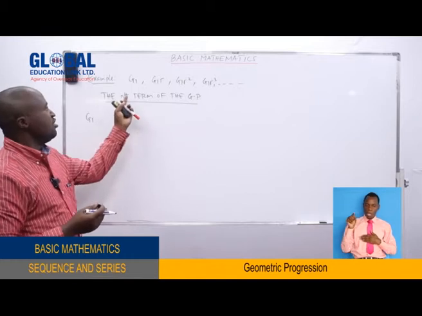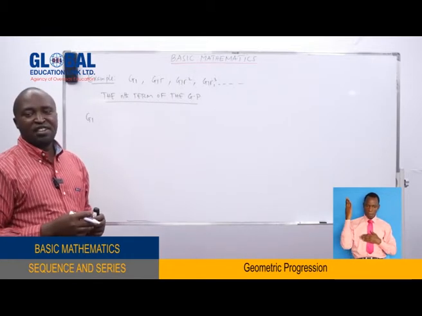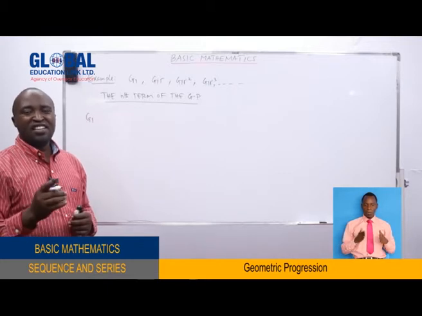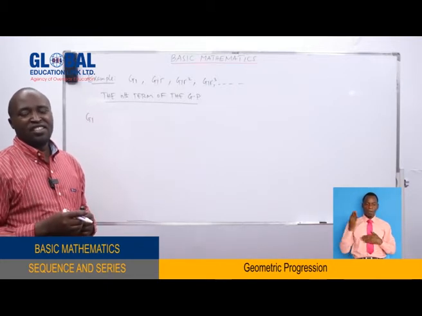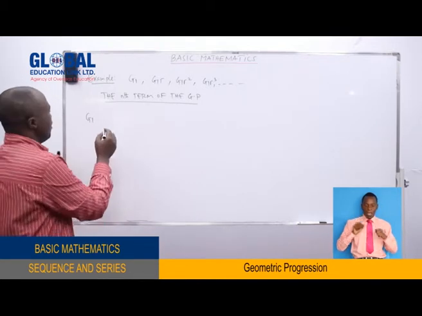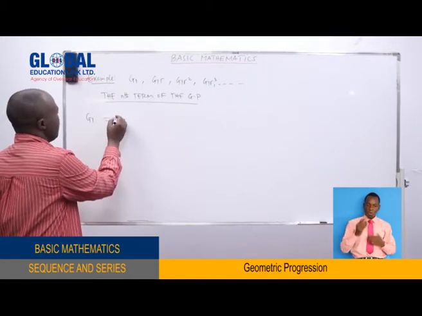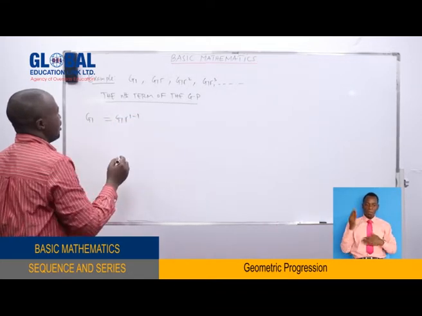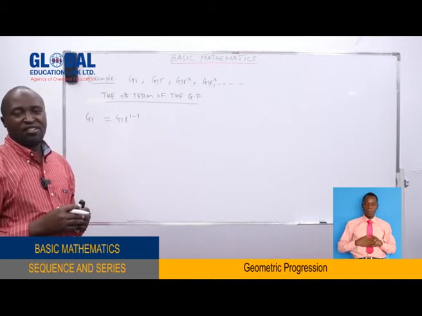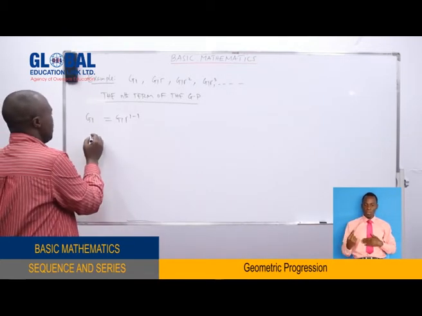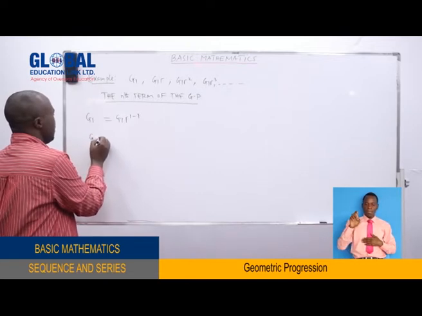Now, in the arrangement of these terms, the power of R is less than the term number by 1 in each term. That means G1 is the same as G1 R power 1 minus 1. Then again, we proceed with the second term, that is G2.